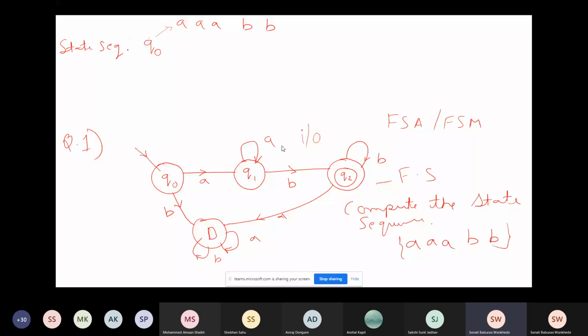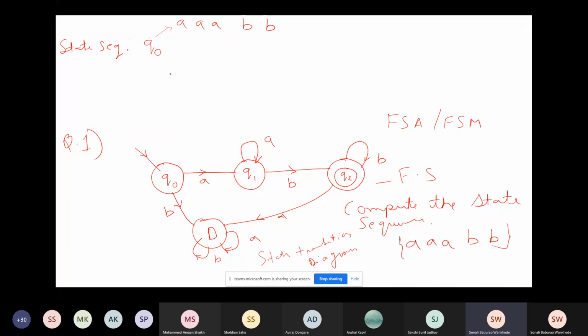A big major difference. In the state diagram we had input slash output. We were showing both input and output, but in our state transition diagram, we are not showing the input. We are only interested in the output. That's why we are not having two values here. We are just having one value.